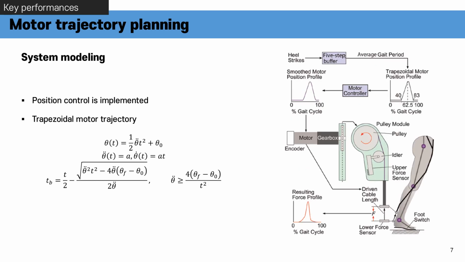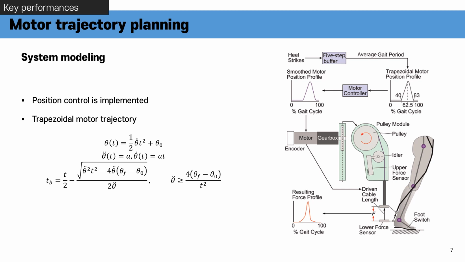To make a trajectory, we first use the data of gait to determine the timing of assistance. As the gait detection method is not completed, we first use the data of the gait cycle of average people.